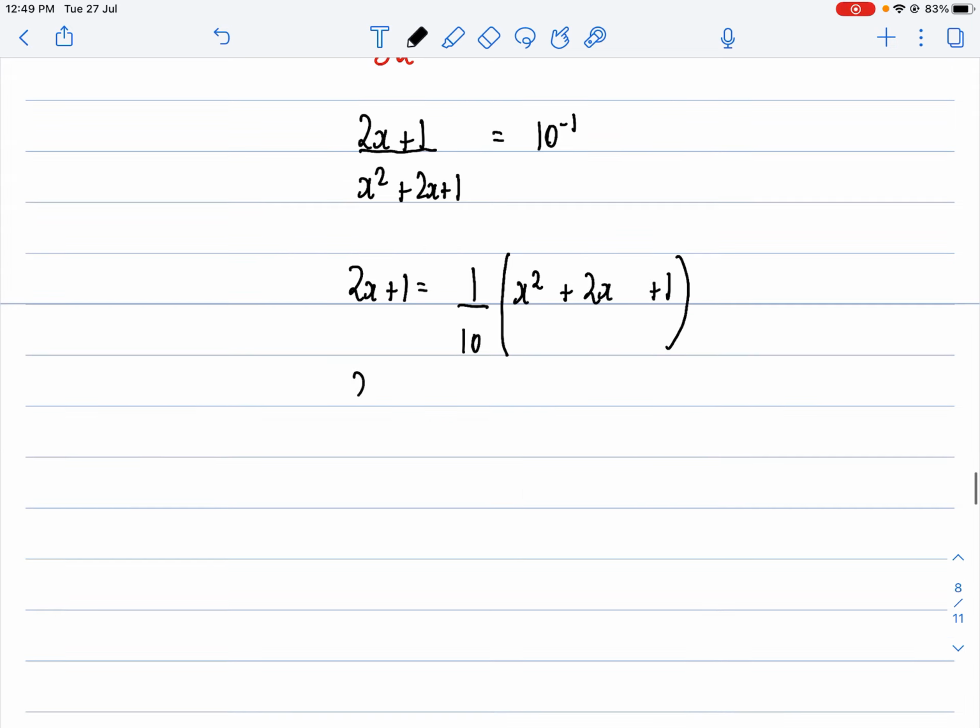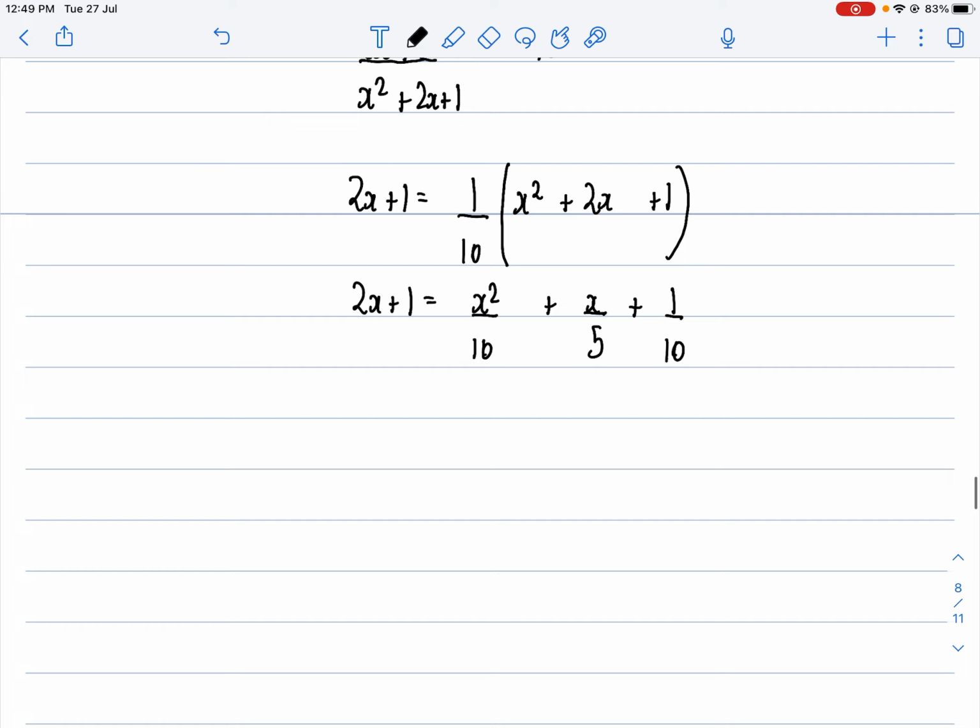So I can write this as 2x plus 1, which is equal to x square over 10 plus 2x over 10, which is x over 5, plus 1 over 10. Correct? So now what I can do is I can write this as x square over 10 plus x over 5 minus 2x plus 1 over 10 minus 1, which is equal to 0.